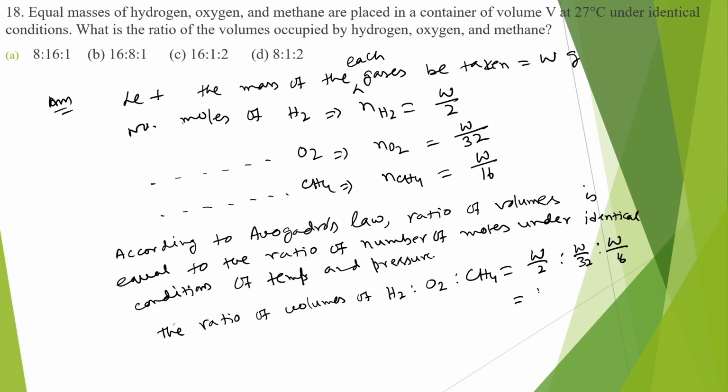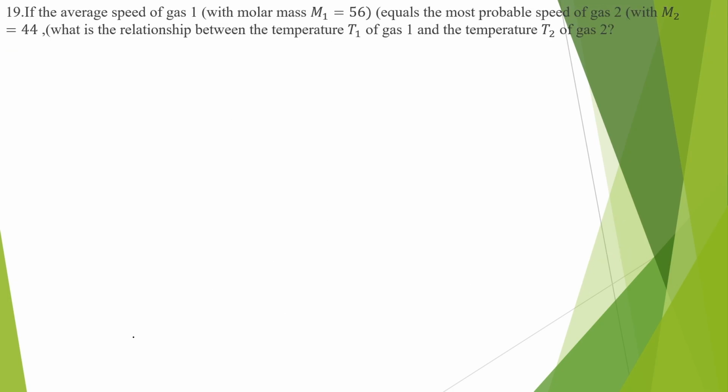So, it gives you 16 is to 1 is to 2. This is as V is proportional to N when T and P are constant. Next we move on to problem number 19.